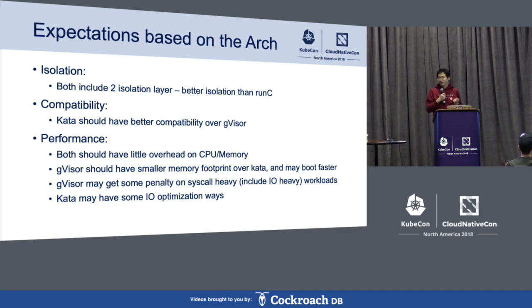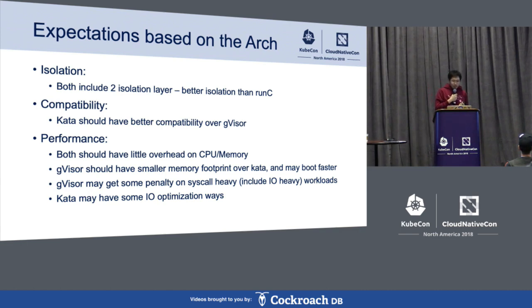For security, you can have something better in architecture, but not for single CVEs. And for compatibility, Kata should be better because gVisor is another runtime, another user space kernel. But for Kata, we use a Linux kernel inside.